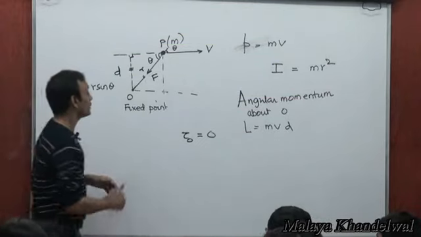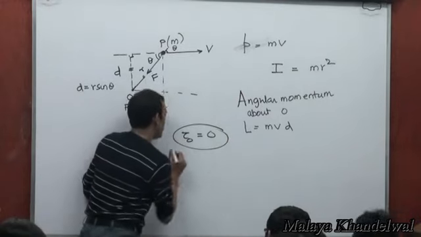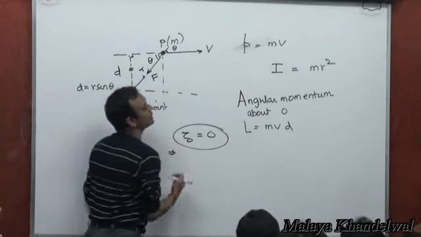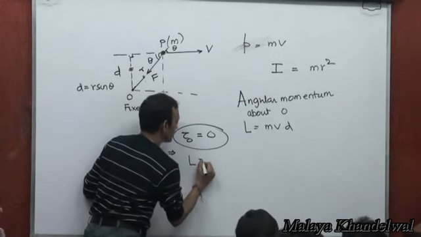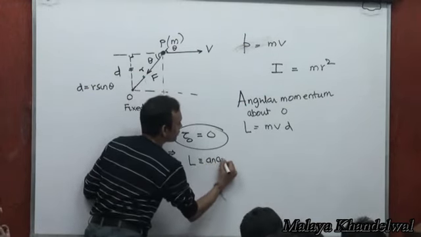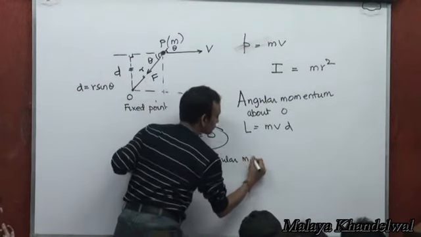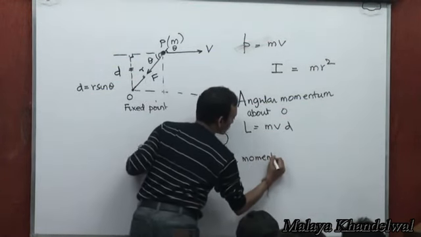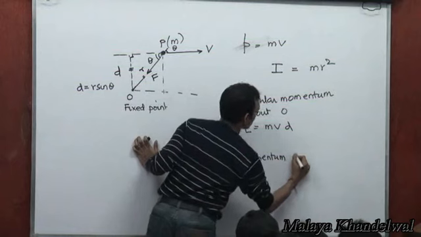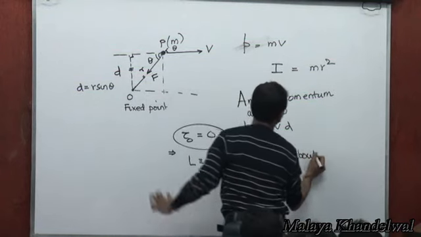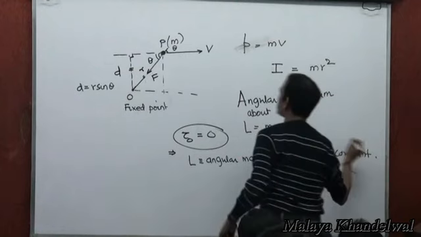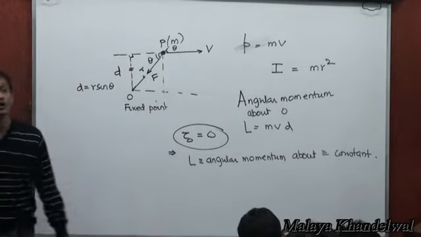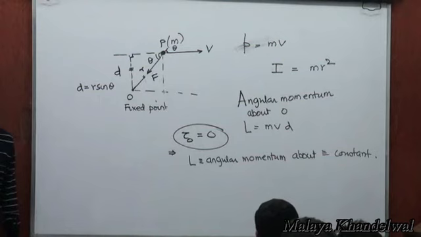That means if torque about O is 0, then what we will learn down the line is that the angular momentum of the particle L about O will be a constant. It will maintain a constant angular momentum about O.